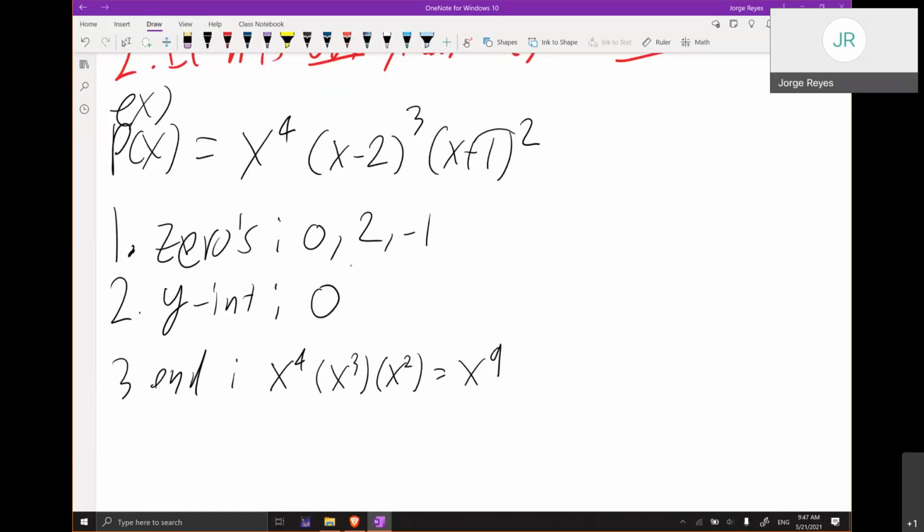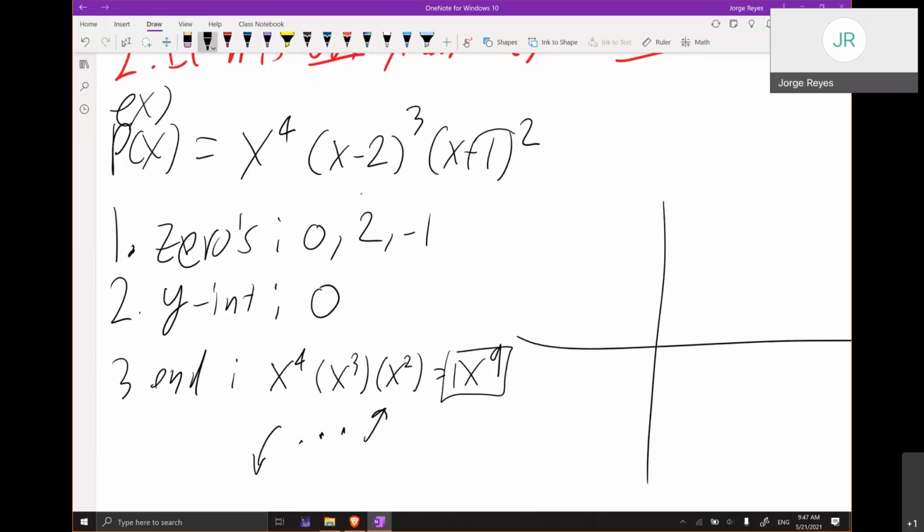Okay, all right. With the 1. So since it's x to the 9th power and a 1, we know the end behavior should be this. Okay? And then if I try and graph this, we're going to get a 0 here. We're going to get a 2 and a -1.